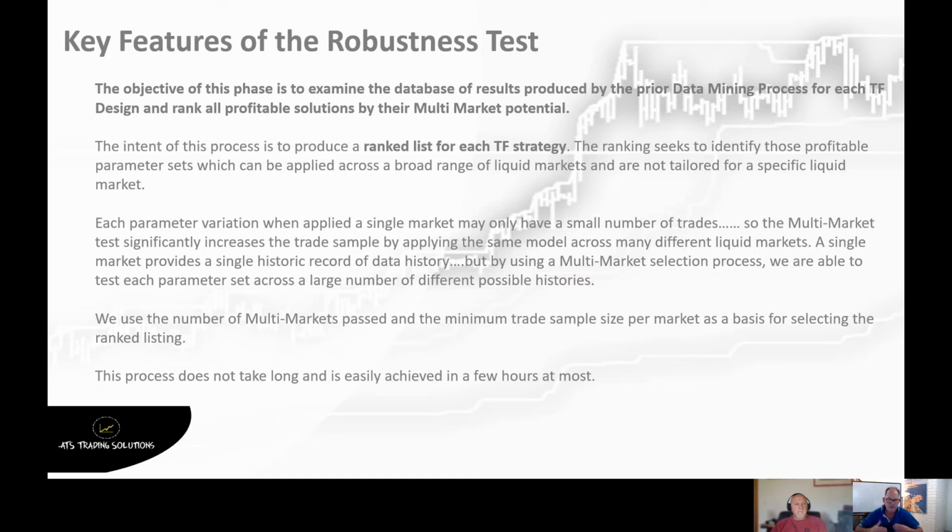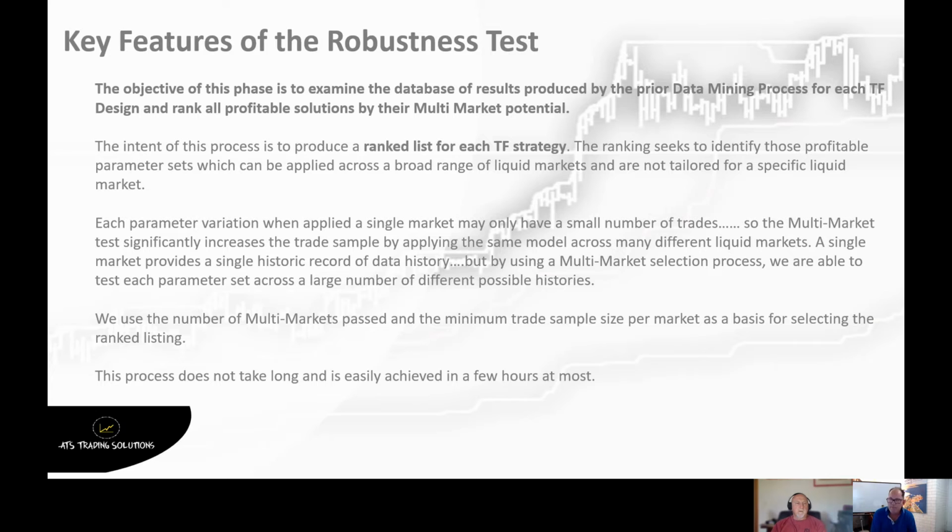This process eliminates all of the unprofitable solutions and then looks at the profitable solutions and sees how they've performed across different markets. The intent is that we want broad, robust strategies that can be applied across many different markets. We're getting away from trying to tailor them for a specific market and looking more at their applicability across many different markets.